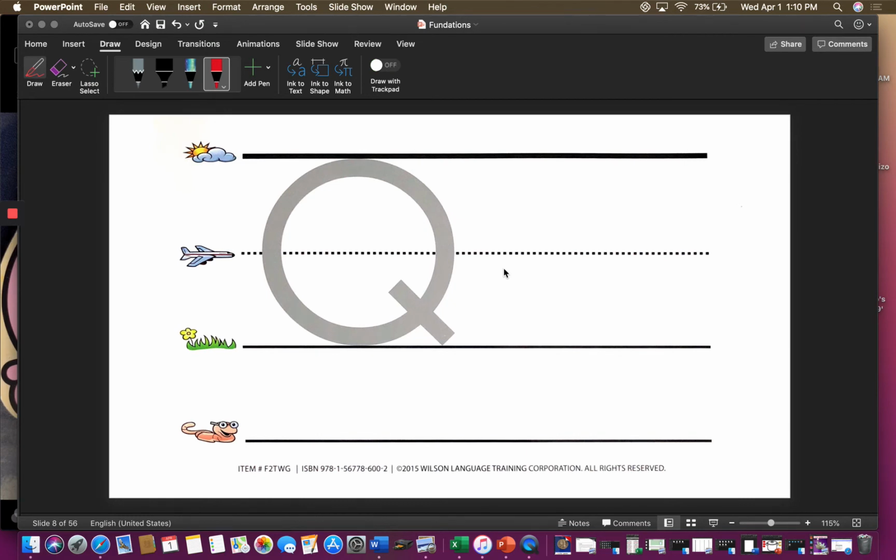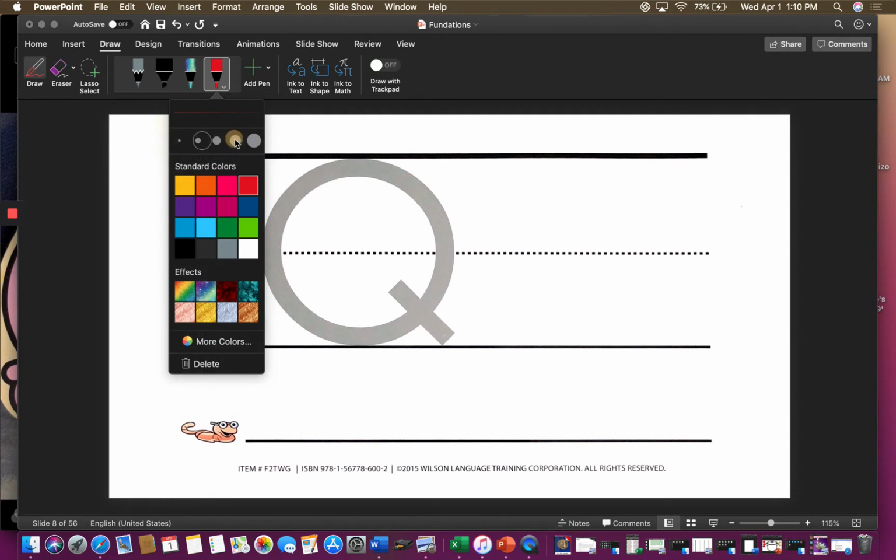So this is the uppercase Q. Okay. So we're going to point to the skyline.